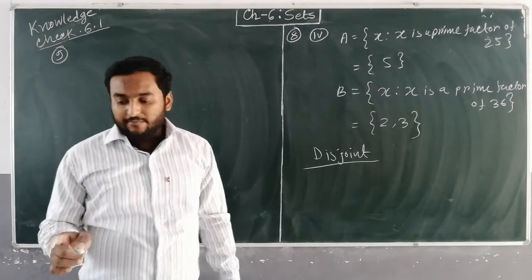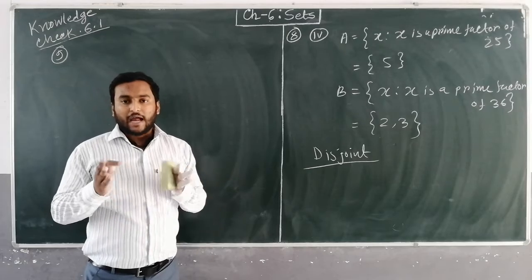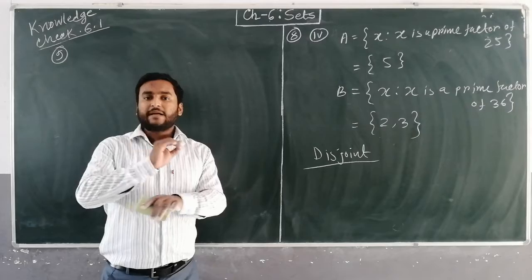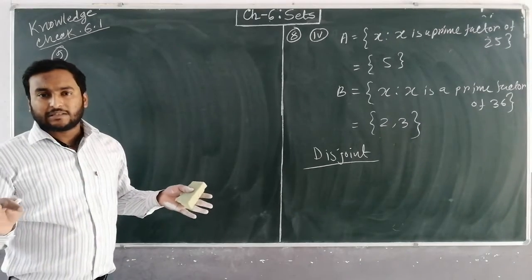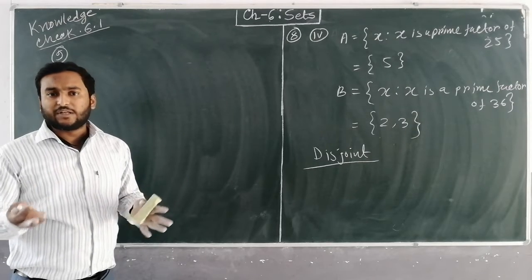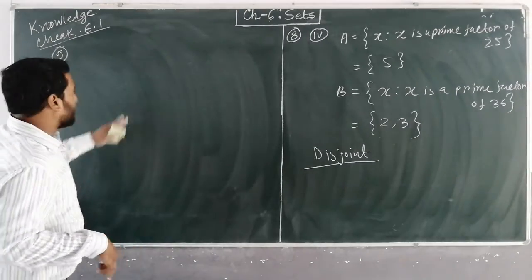So A and B will be overlapping, B and C will be overlapping, and C and A will also be overlapping, but no element will be common in these three sets. You can take any example, that depends upon you. In your notes I have taken an example, you can copy that, or you can follow the one I am doing now.